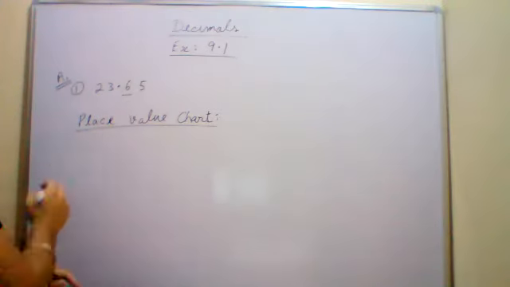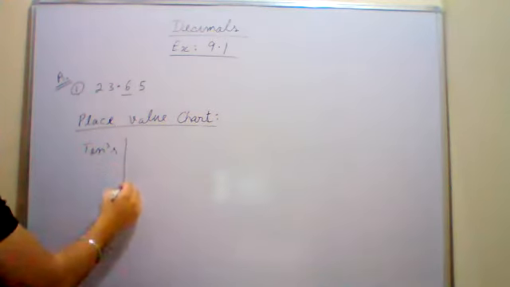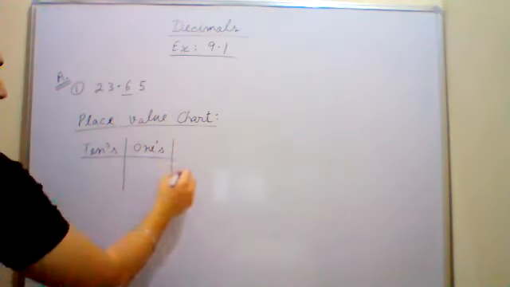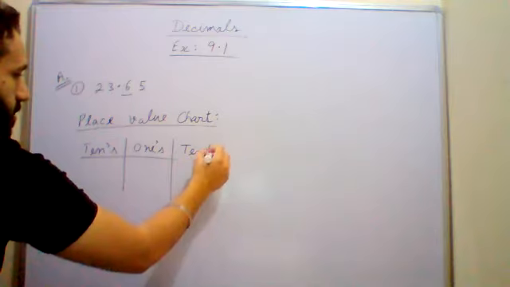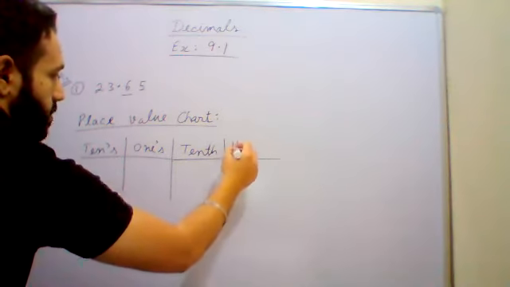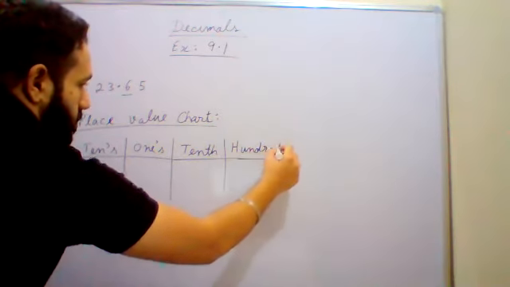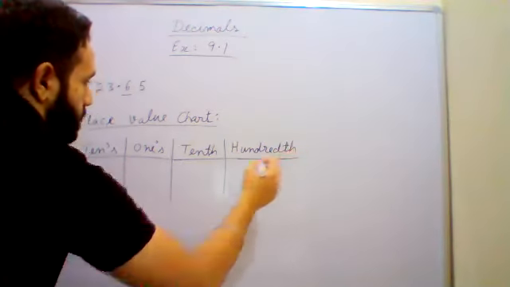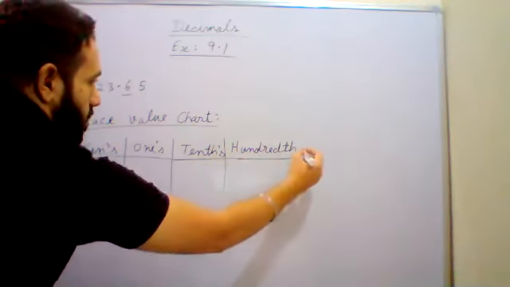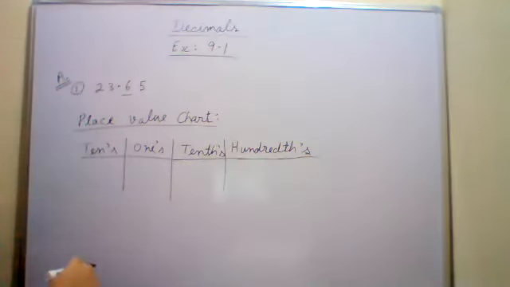So the digit 2 is at the tens place. Then there will be the ones place, then the tenths place, then the hundredths place.